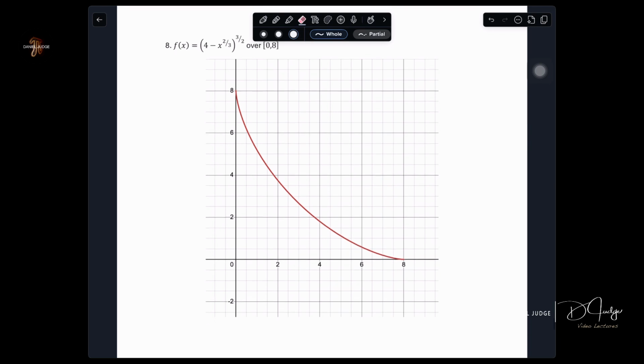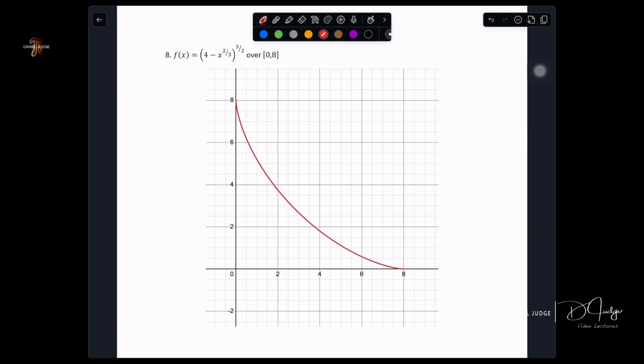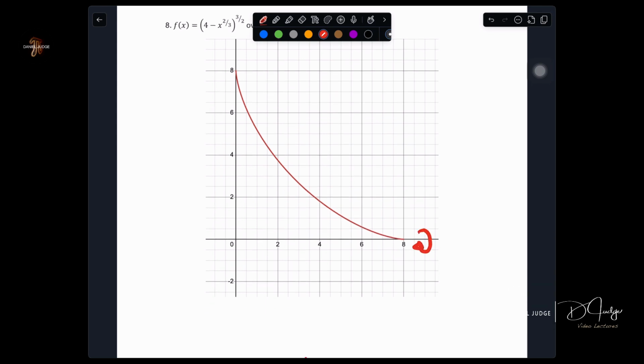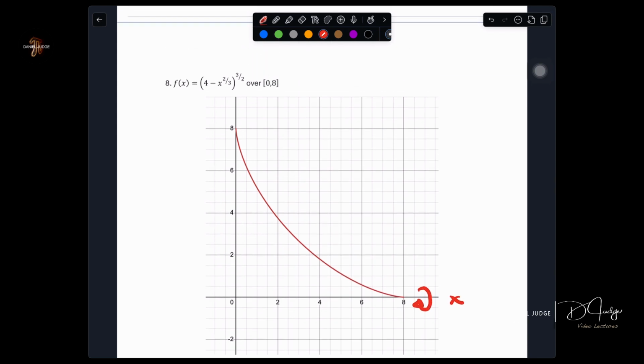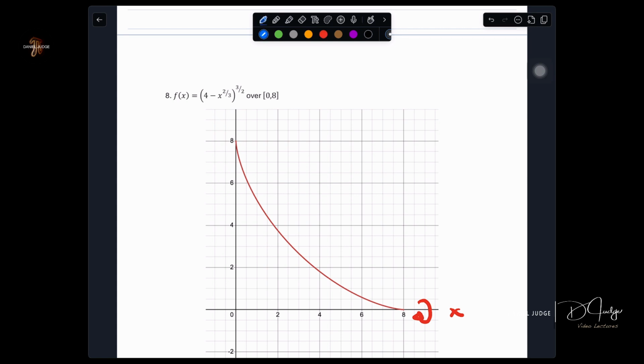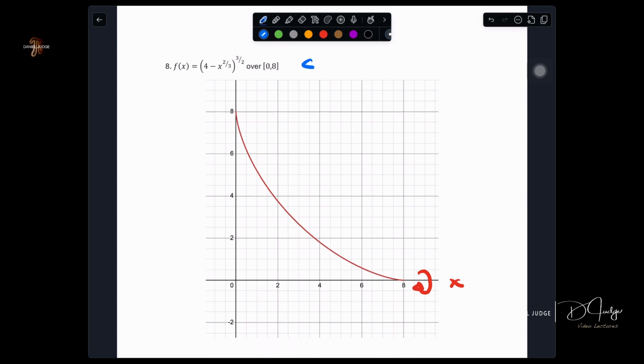Okay. We're going to work on question 8. And we're rotating this curve about the x-axis to compute the surface area. So our surface area formula for number 8 is 2 pi r ds.